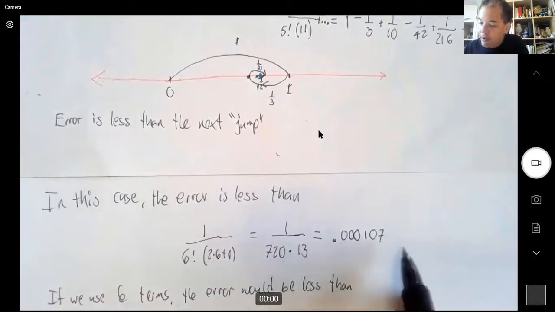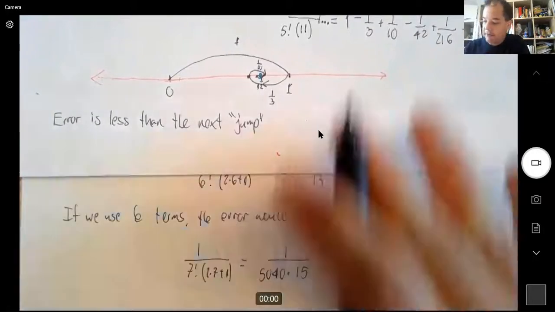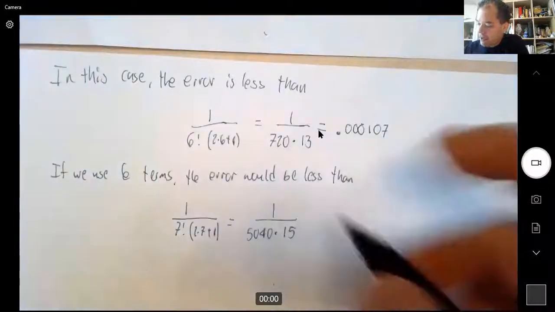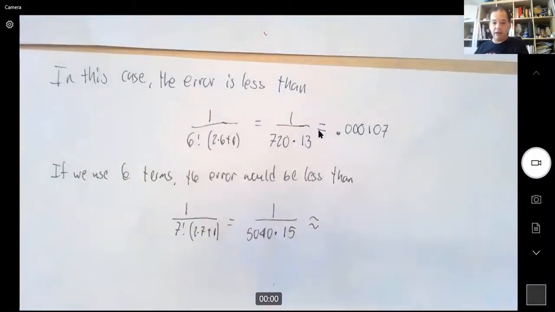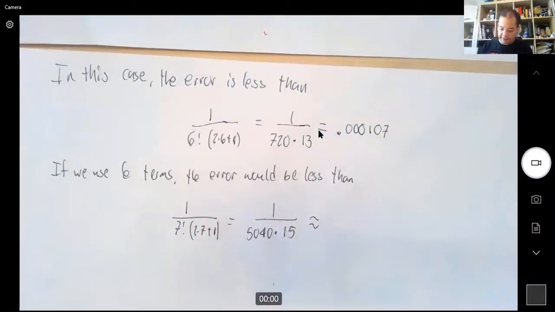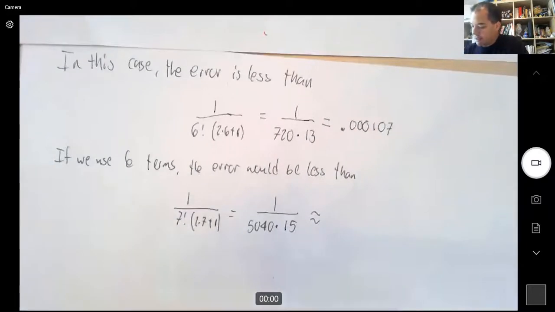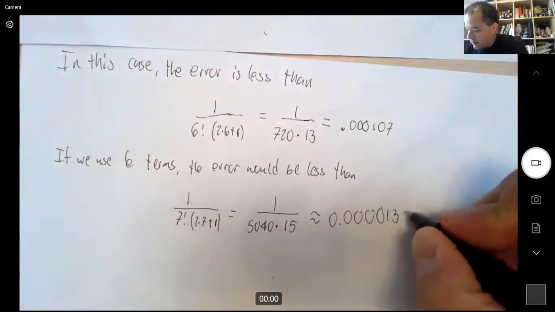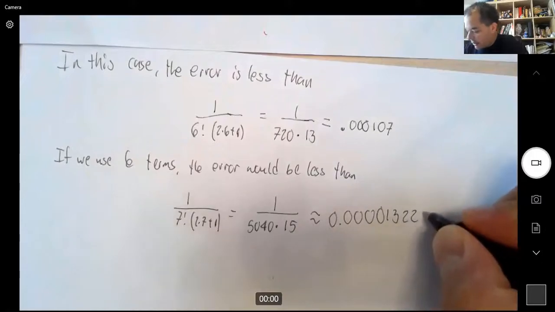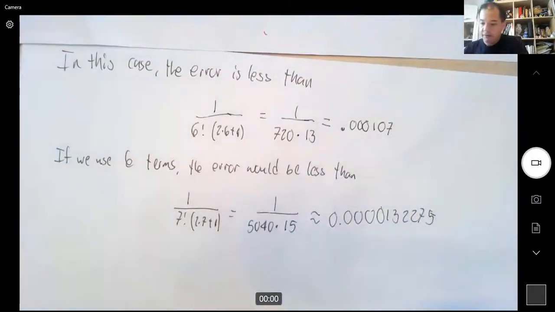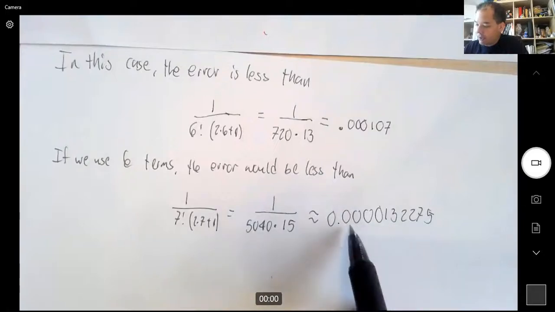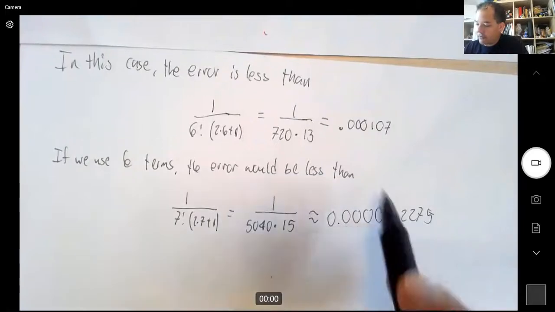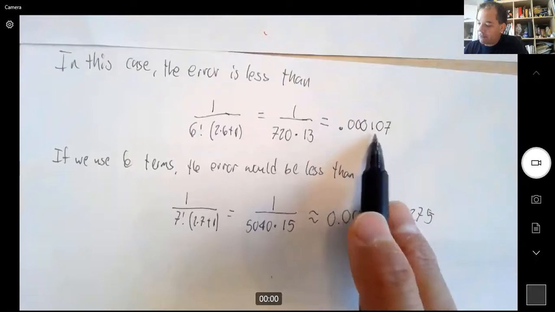An even smaller number than this, right? So, in fact, let me tell you right now more or less what that number is. This is about 0.00001322 75. Right? So you see way more. So now these first 4 digits are correct. Over here it was 3 and maybe the 4th one.